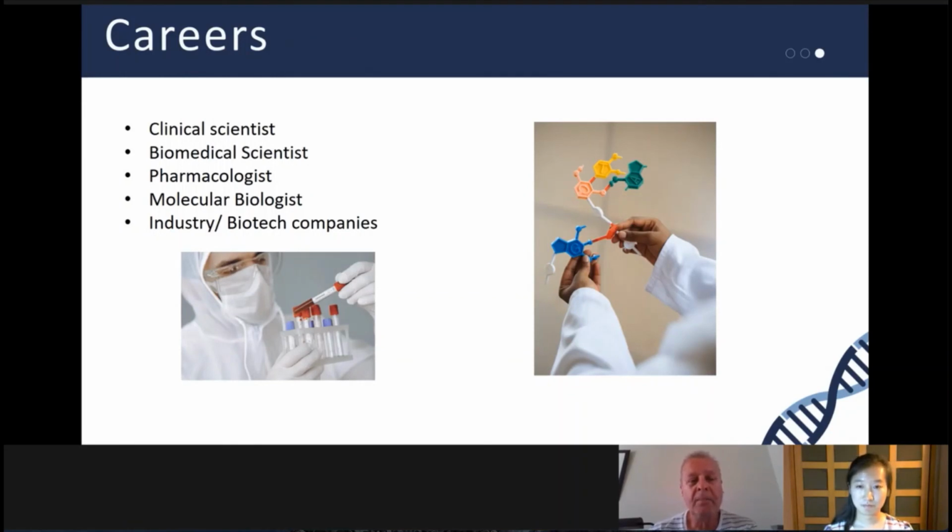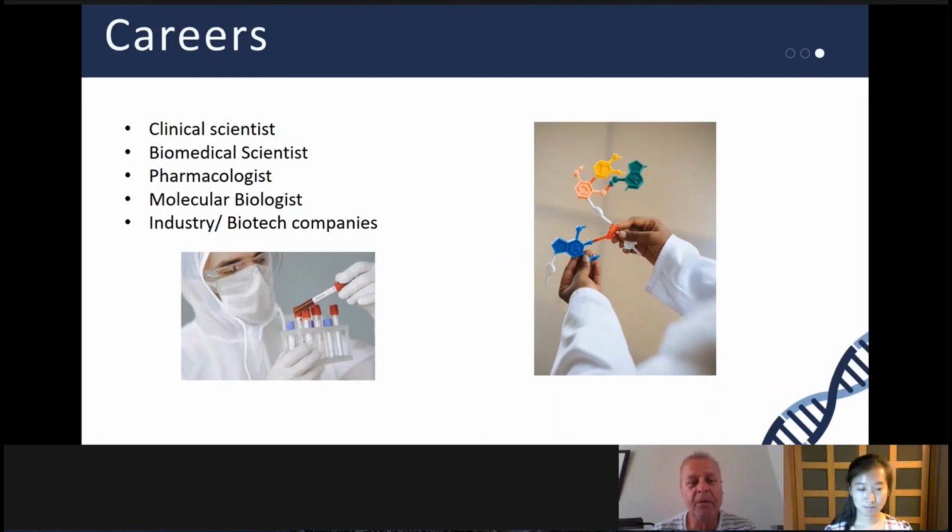Or you can be a biomedical scientist, in which case you perhaps start with biology or biochemistry at university and you then specialize towards immunology. Or you can study pharmacology and then, as a subspecialty of pharmacology, you can study immunology. Because after all, many medicines are intended to modulate the immune system. And again, as I said previously, vaccines are part of that.